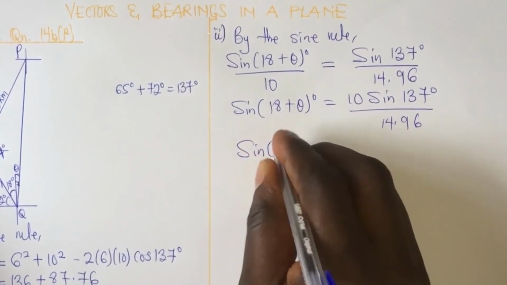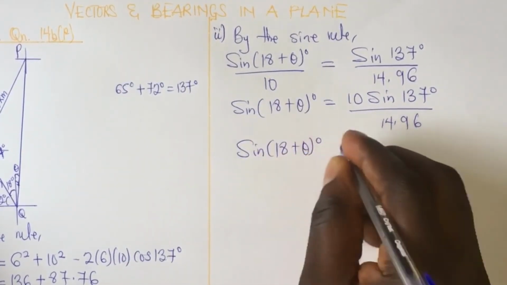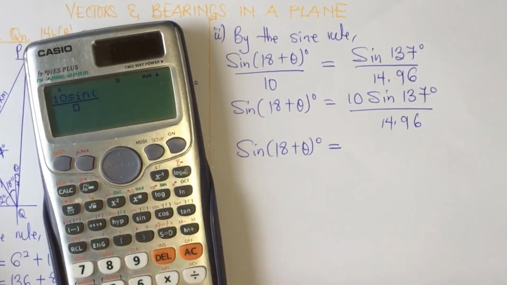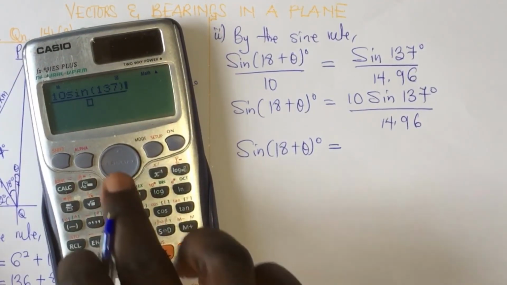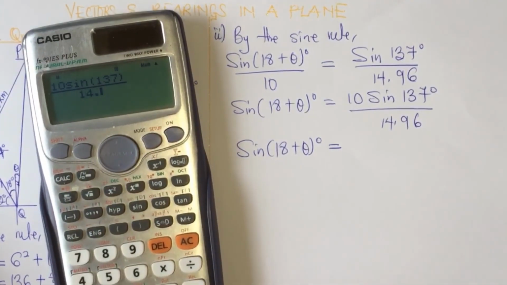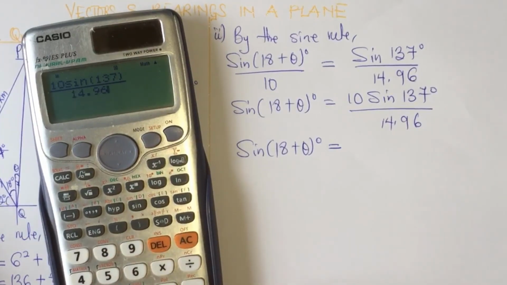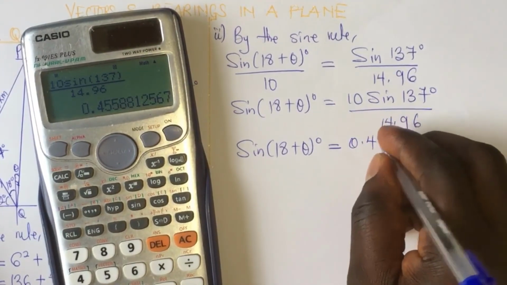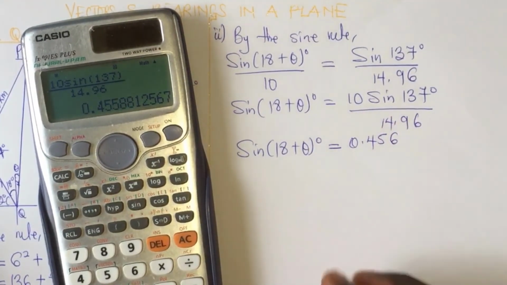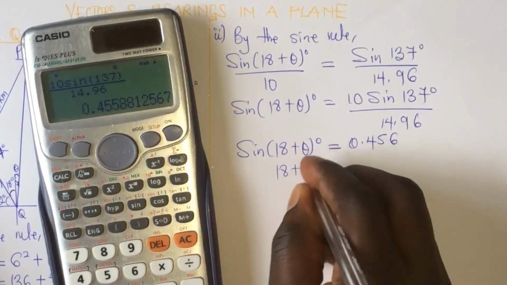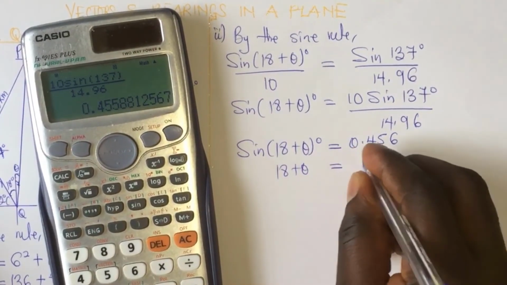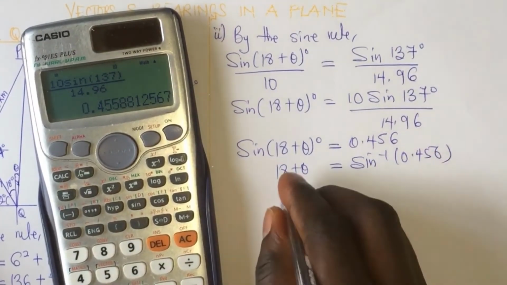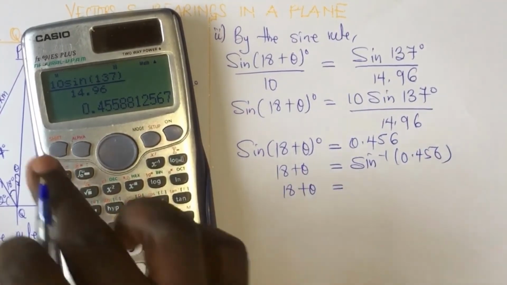So with the help of our calculator, we can say 10 sine 137 divided by 14.96 gives 0.456. So we find the sine inverse of that, and we are going to get sine inverse of 0.456.